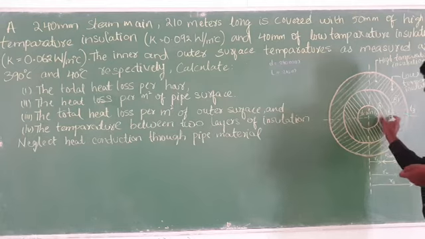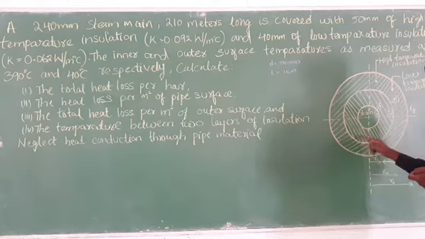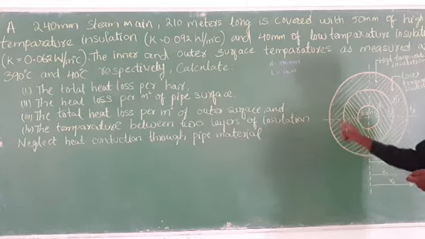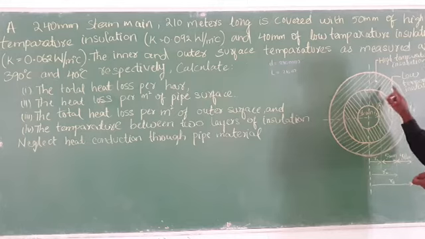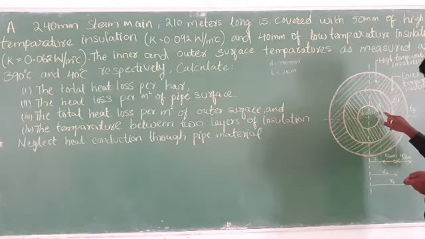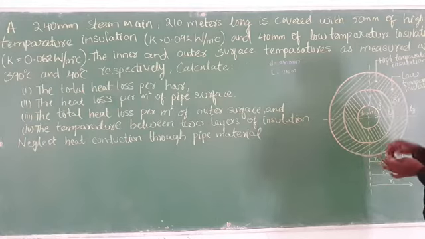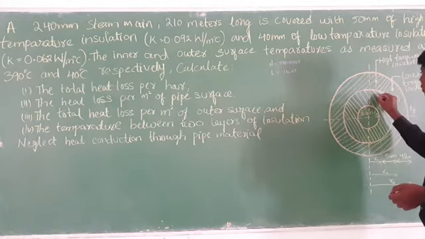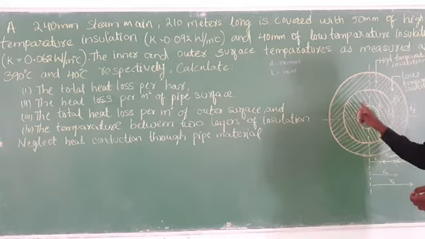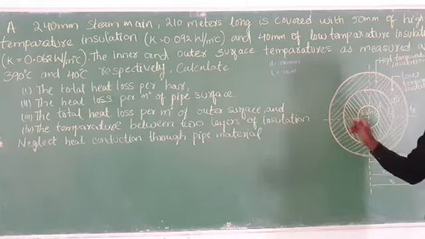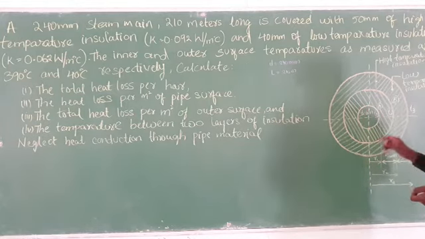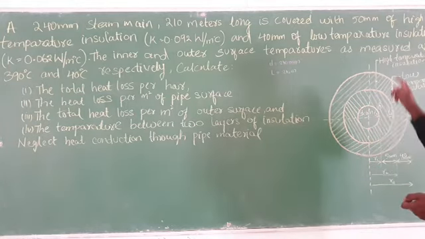As you can see, from here to here is the thickness. This hatched line indicates the high temperature insulator and this different hatched line indicates the low temperature insulator. These are both insulators: this one is known as the high temperature insulator and this one is known as the low temperature insulator.